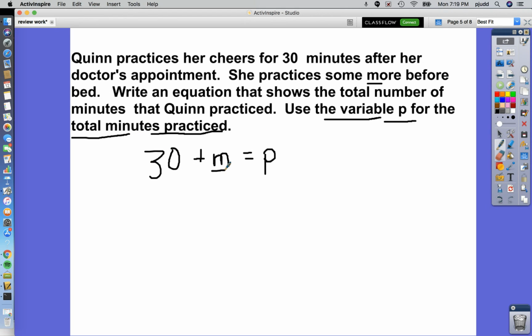This here is not going to represent total number of minutes. It's going to represent the additional minutes that she practiced before she went to bed. We don't know what the total number of minutes is, and we don't know what the additional practice here is. So this is the best that we can do in writing the equation because we're not given this value and we don't know this value. So we have translated the information here into English, into math.